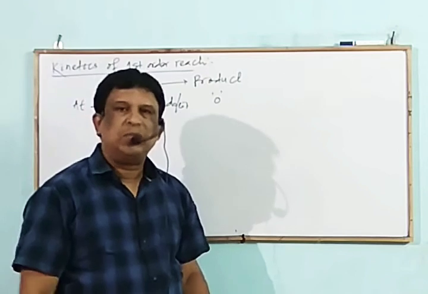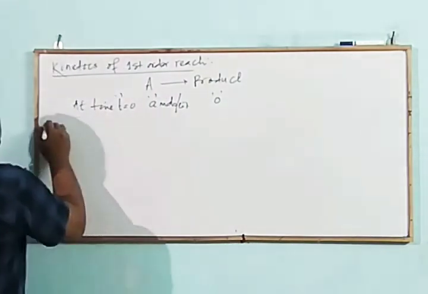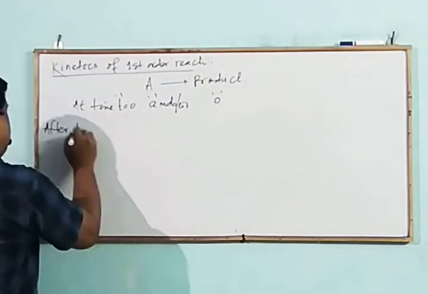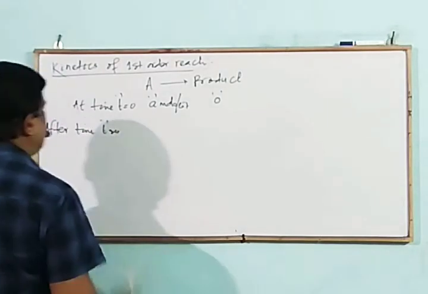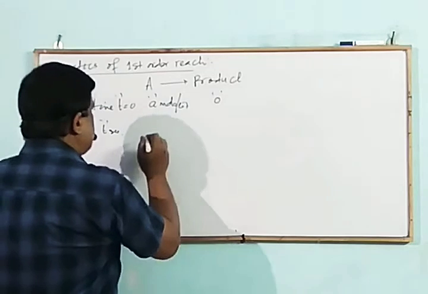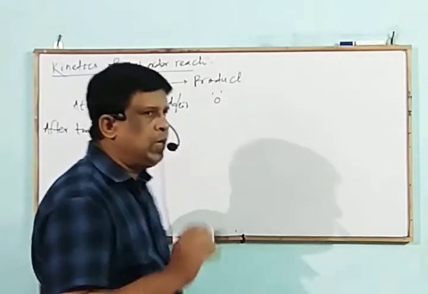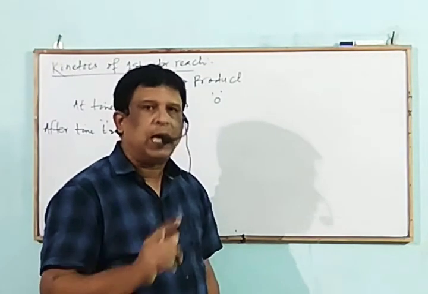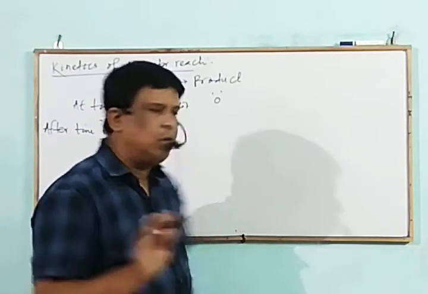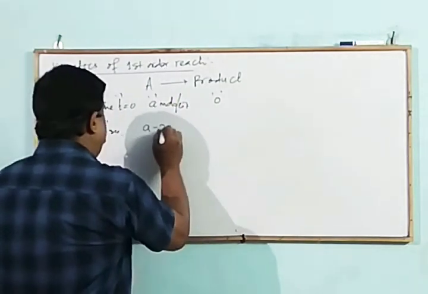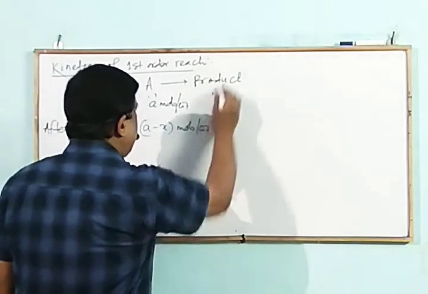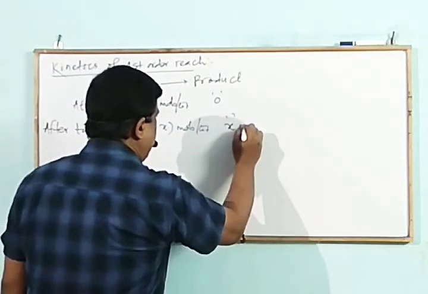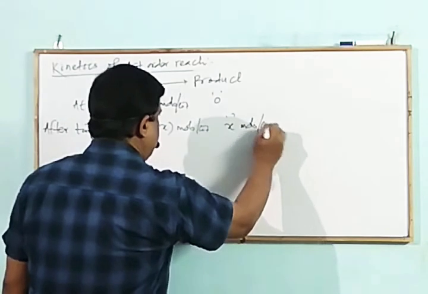So after time t seconds, what happened? x moles per liter of the reactant is consumed, decomposed. So what is left? a minus x moles per liter. And what is the product concentration? x moles per liter.